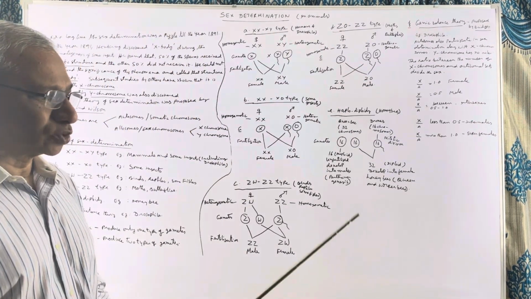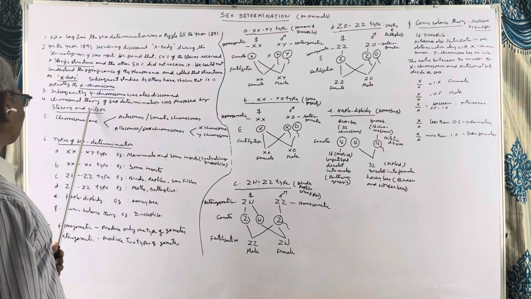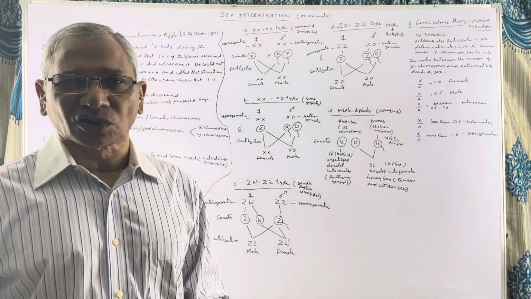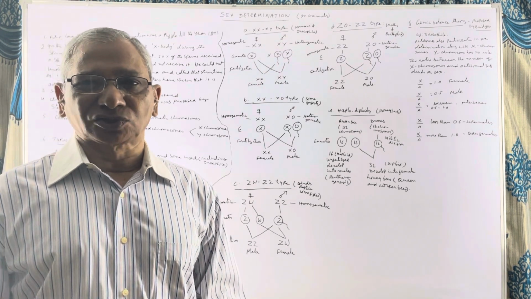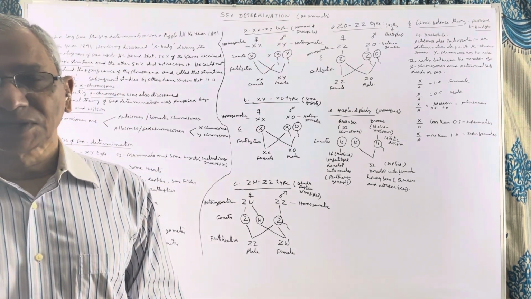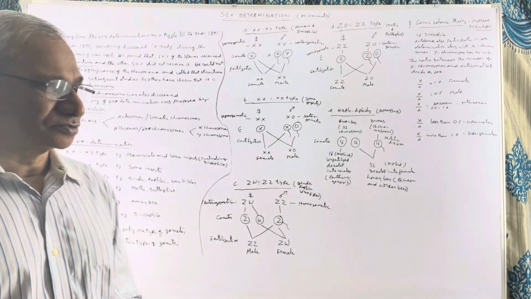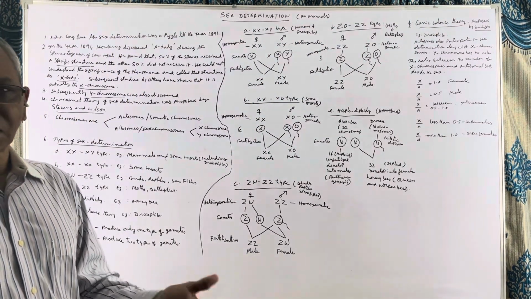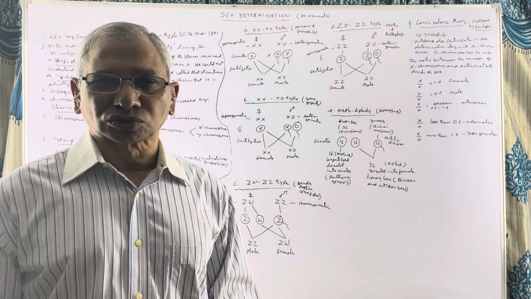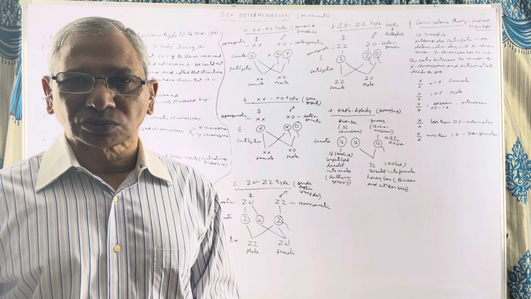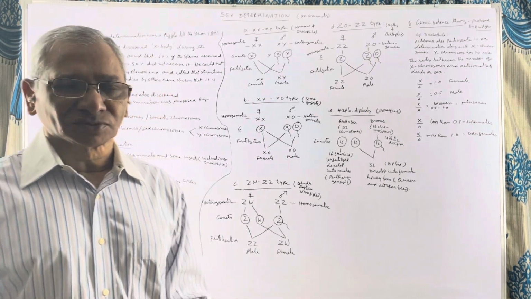Then, two scientists, namely Stevens and Wilson, proposed the chromosomal basis of sex determination. According to them, sex is determined by the sex chromosomes. Then, in our cells, we got chromosomes. These chromosomes are two types, autosomes and allosomes.